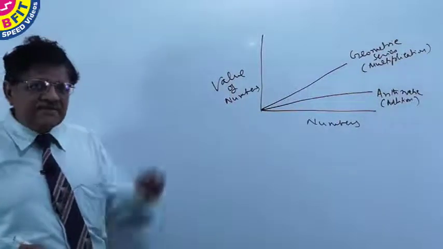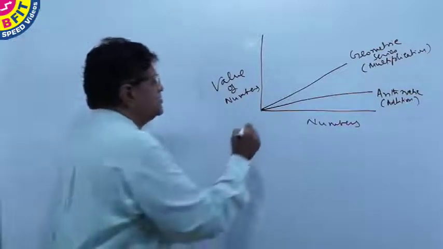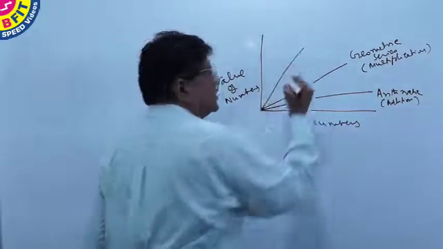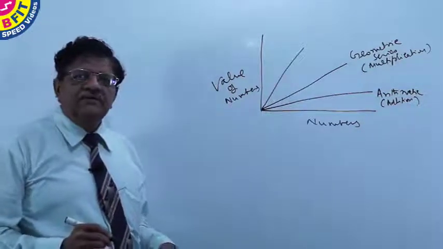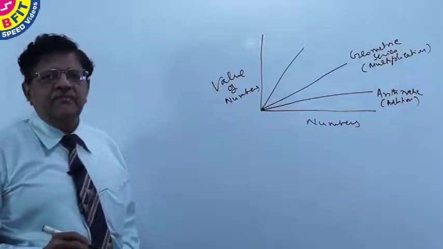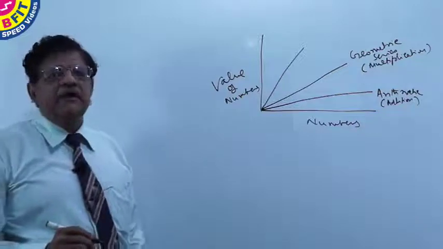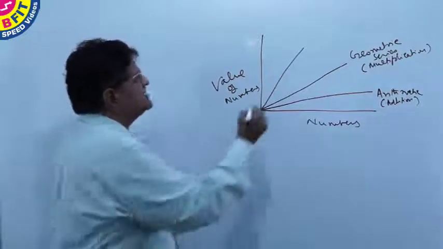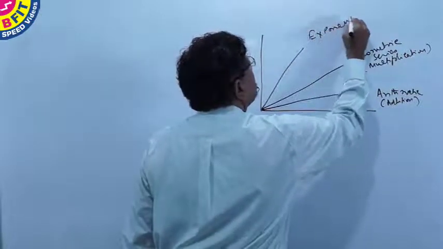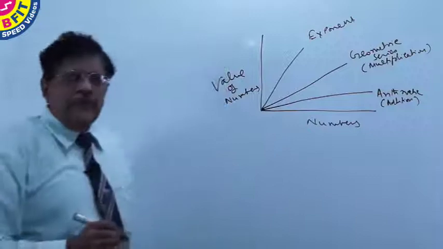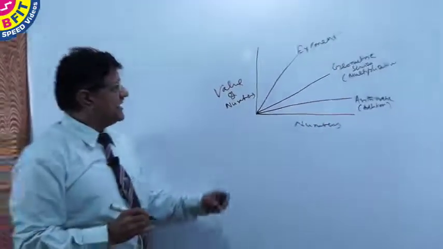Suppose it climbs like a flight, zooms to 80, 400, 800, like that. If the number increases at a very quick pace, then it means it involves some exponent: 3 cube, 5 cube, 4 cube, something like that.